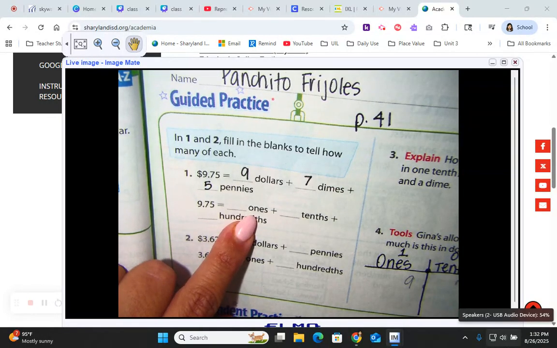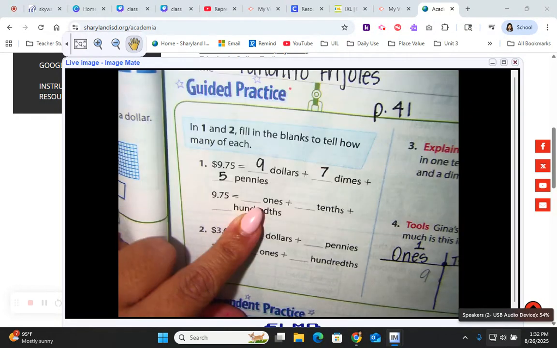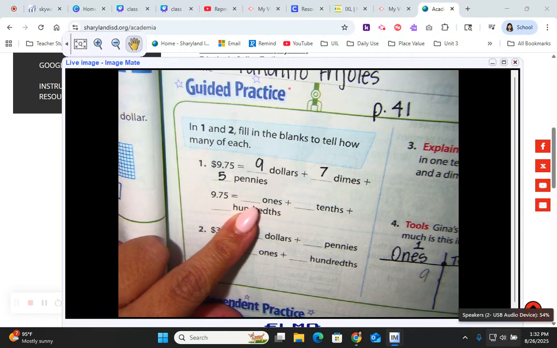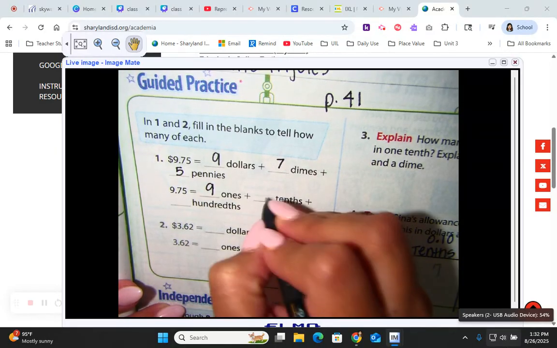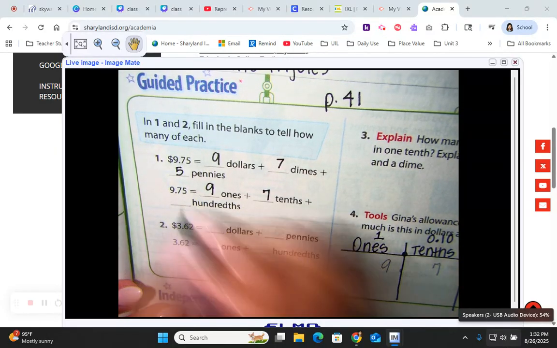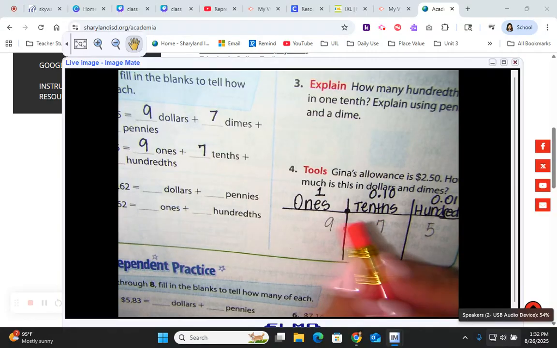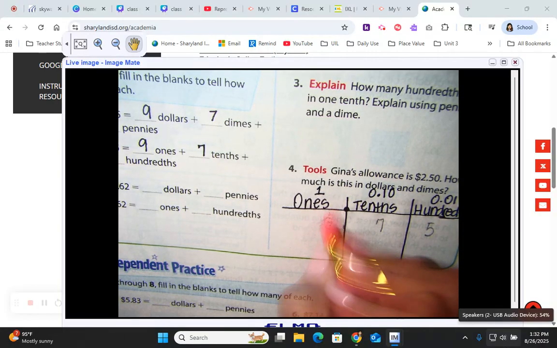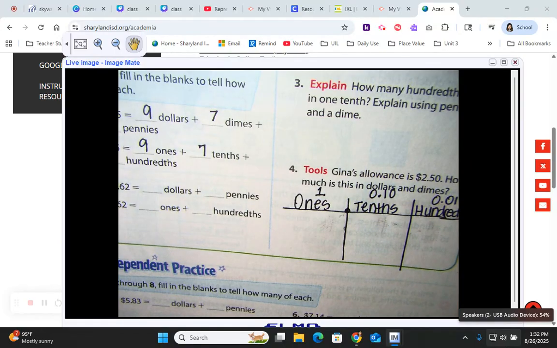So then here, oh, my answer is there. That's why our place value chart is our bestie. So we're going to write 9 ones, 7 tenths, and 5 hundredths. Remember I said we write it lightly so that you can come back here and erase it and reuse it. Reuse, recycle.